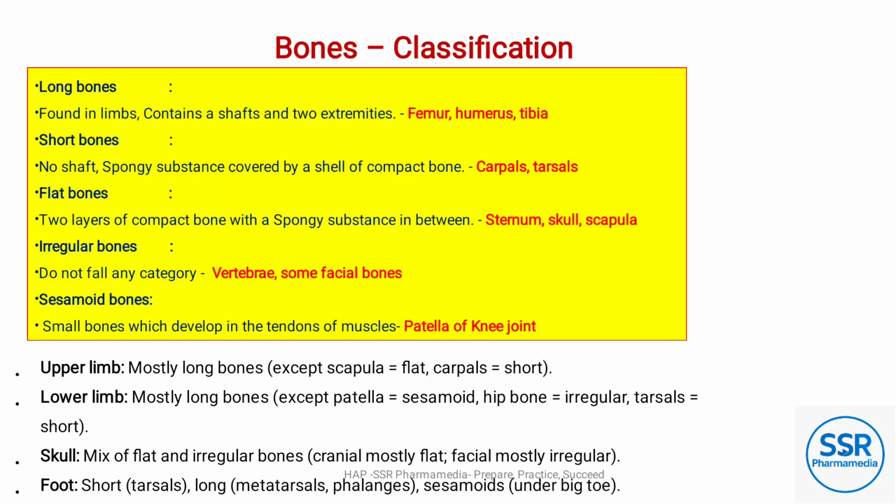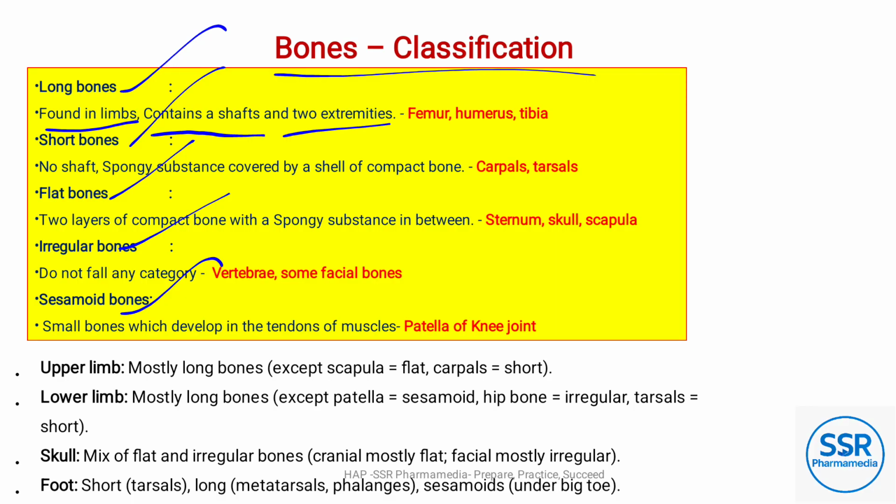So, we will see the classification of bones. Bones are classified into long bones, short bones, flat bones, irregular bones and sesamoid bones. Long bones are found in limbs and contain a shaft and two extremities. Example: femur, humerus, tibia. Short bones have no shaft, with spongy substance covered by a shell of compact bone.